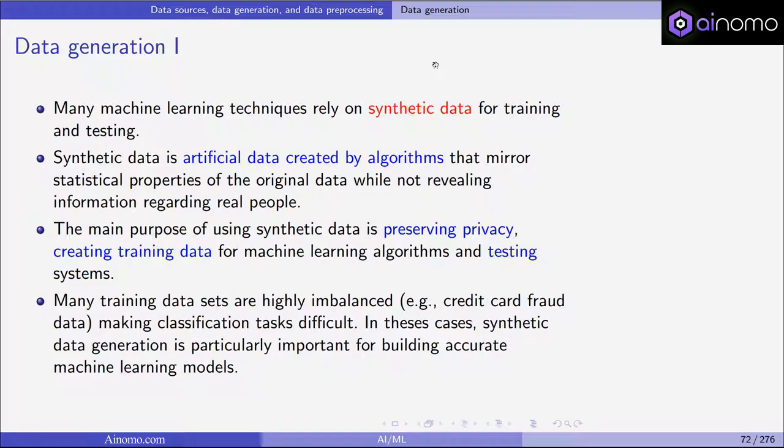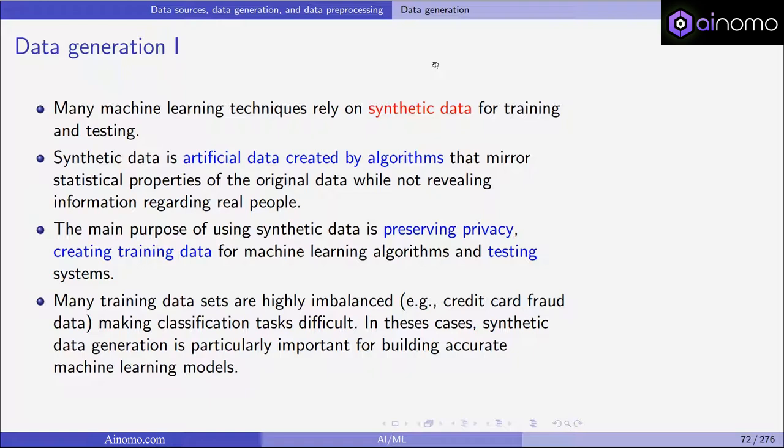We have confidential data, for example, on credit card usage, credit card fraud, etc. And it should not be possible to derive any conclusions on the origins of the data or on, for example, a certain person. So we need to preserve privacy, and in some instances we also need additional data, or we have too few data to run our algorithms.